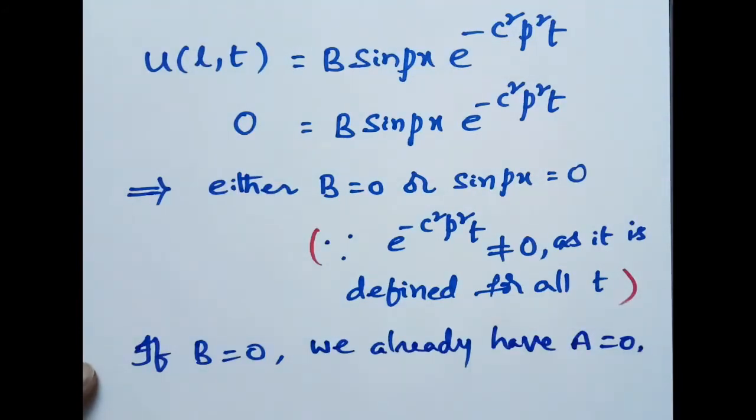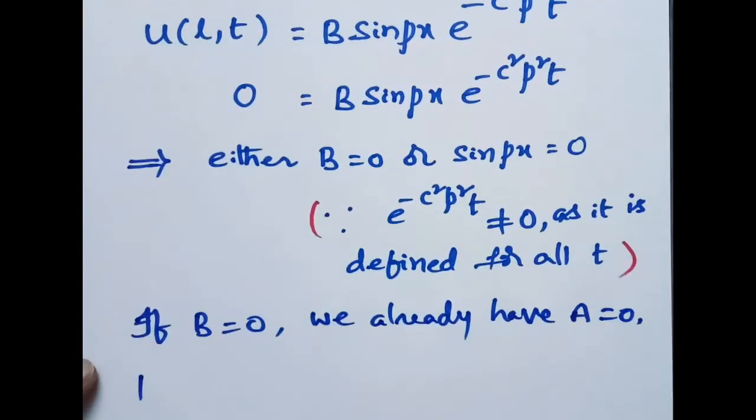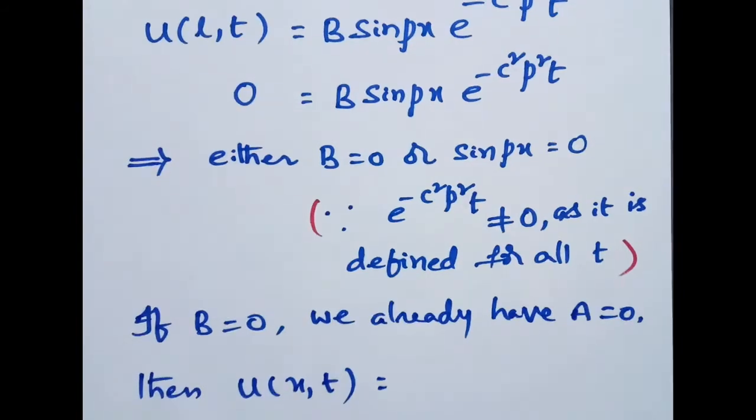Then u of x comma t equal to 0. Since a equal to 0, b equal to 0, we will get 0 solution. That is a trivial solution.